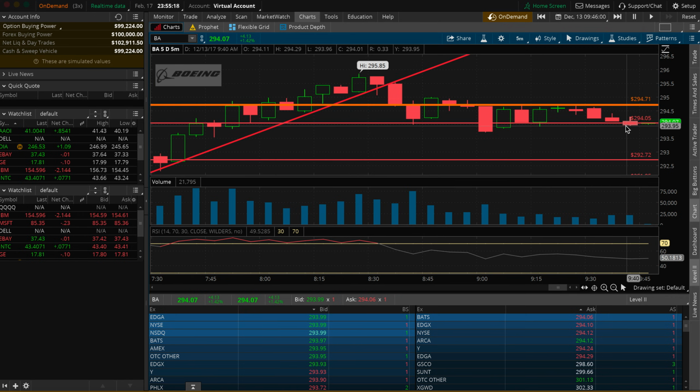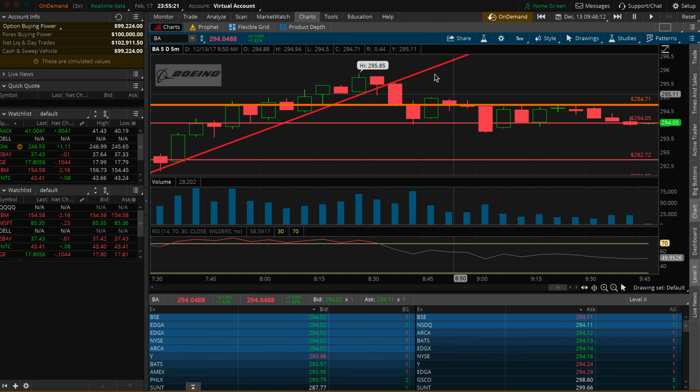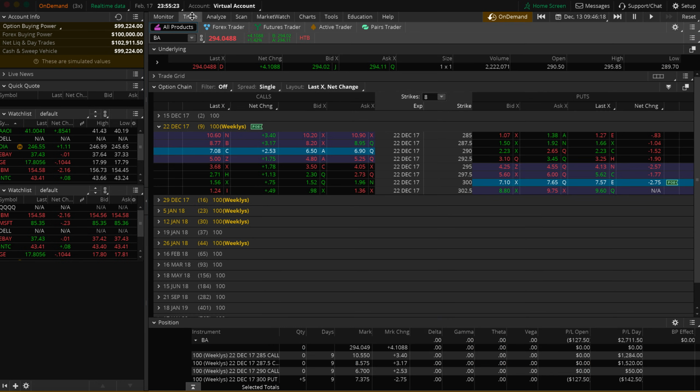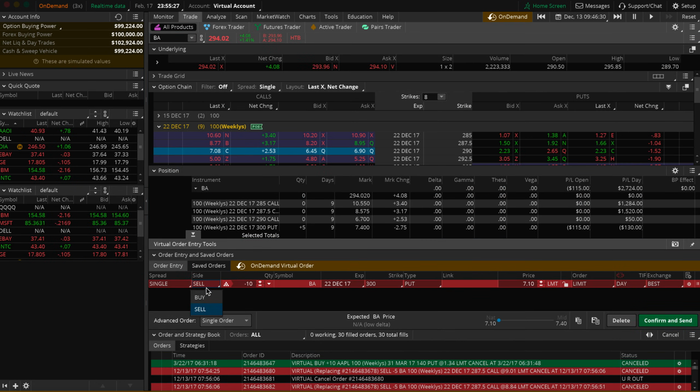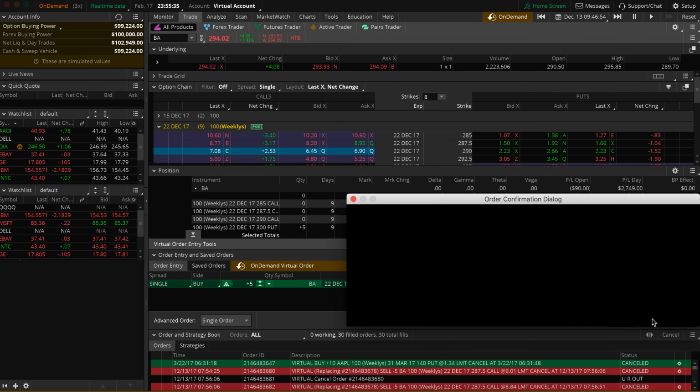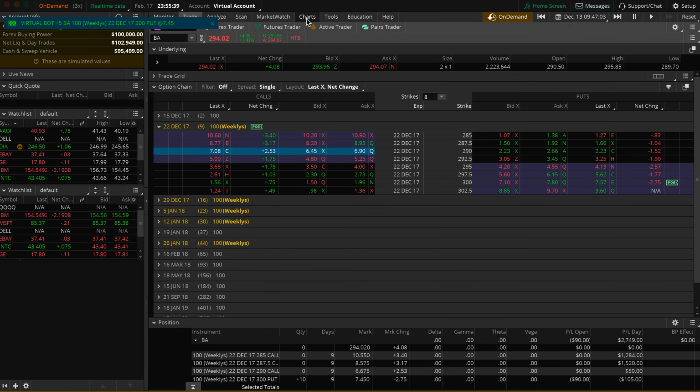Doesn't look like it's going to do it. So this closed below the line. So I'm going to buy some more puts at 300, 5.745. Got it.